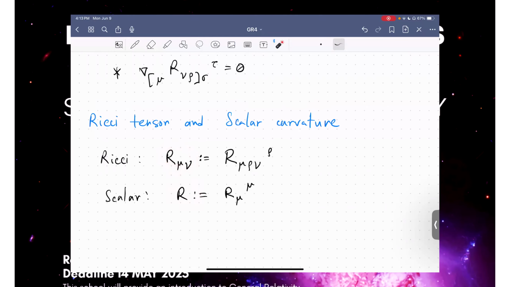The scalar, for example, is just a scalar function that has information about the curvature, and you can imagine that, especially in low-dimensional spaces. So, for example, if you consider a two-dimensional space, let's take a two-sphere. Intuitively, you can imagine that a two-sphere is defined entirely in terms of one number, which is its radius. And this radius must dictate how curved the two-sphere is. If it's a very small sphere, then it's very curved. If it's a very large sphere, then it's locally almost flat.